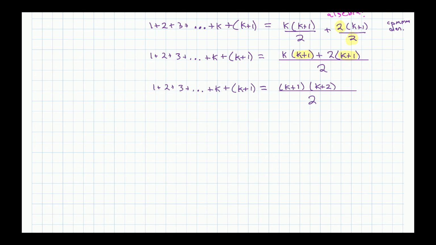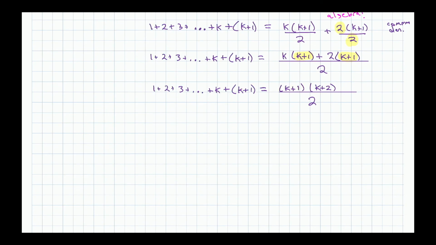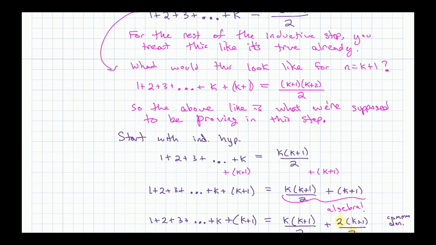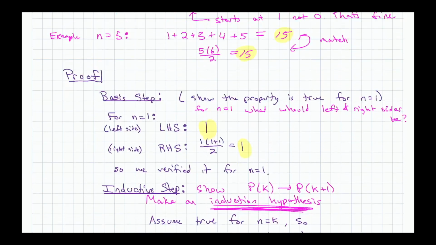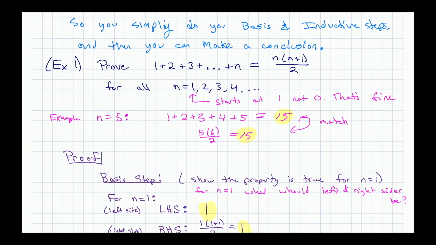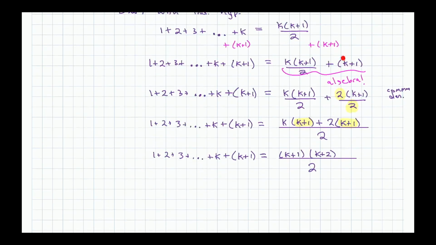All right. So look at that. That's actually exactly what we were supposed to show, right? That's what the original theorem would be if you replace the n with k plus 1, right? If you took this and you put a k plus 1 there, k plus 1, k plus 1, it would be this pink line, and we have that pink line, so we must have done it.